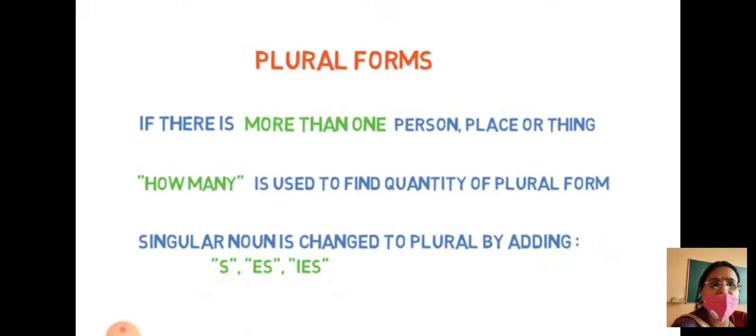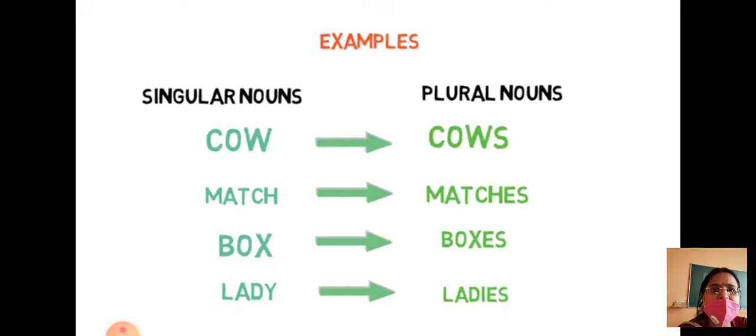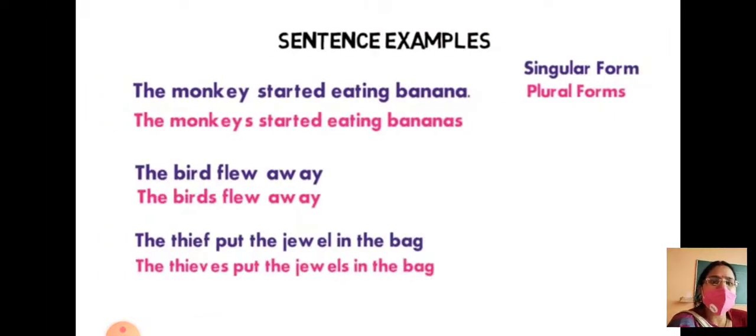And the answer which you will get is by adding S, ES, IES, sometimes VES also. Let's see some examples. When singular nouns change into plural nouns: cow, cows, you have added S; match, matches, you have added ES; box, boxes, again you have added ES; lady, you have removed Y and added IES, and again your noun becomes plural.